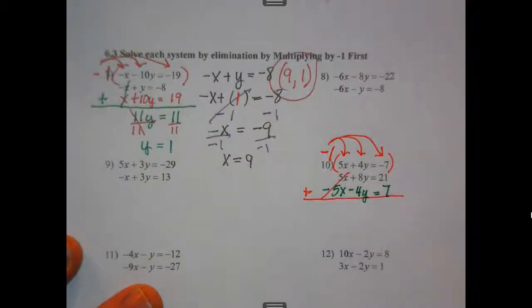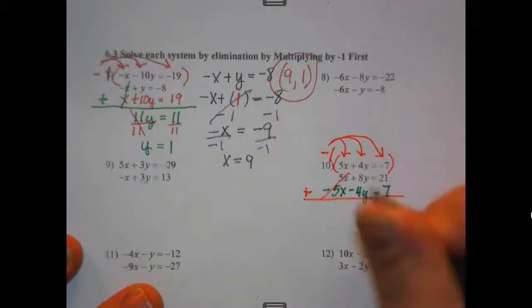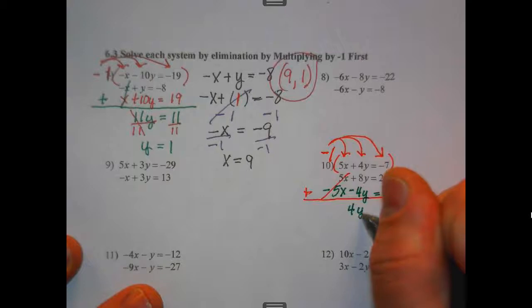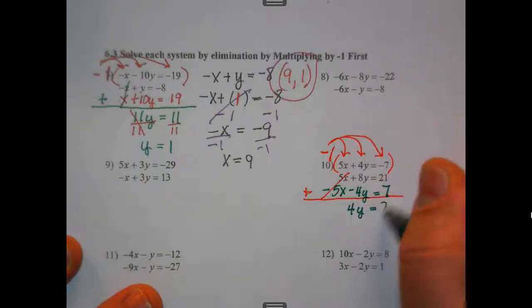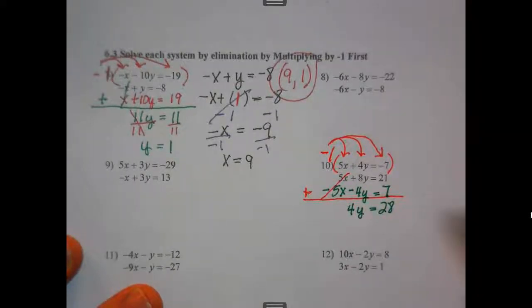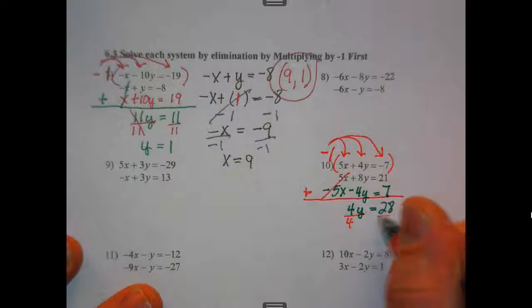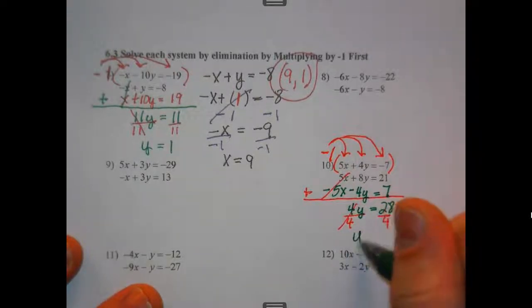These add up to 0. 8y plus a negative 4y is 4y. 21 plus 7, 28. Divide by 4. And I get y equals 7.